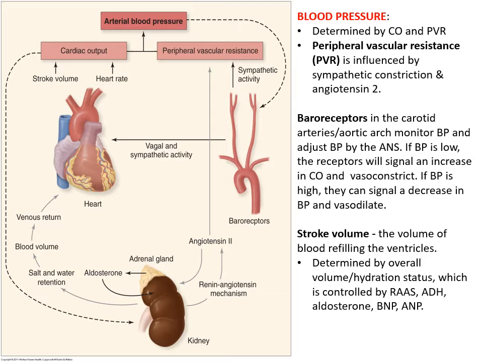If it's sensing a low blood pressure, it's going to activate the autonomic nervous system, namely the sympathetic system, to increase cardiac output, either through heart rate or contractility of the heart, and also to vasoconstrict all those arterioles around the body, so that the blood pressure is maintained in the arterial system.